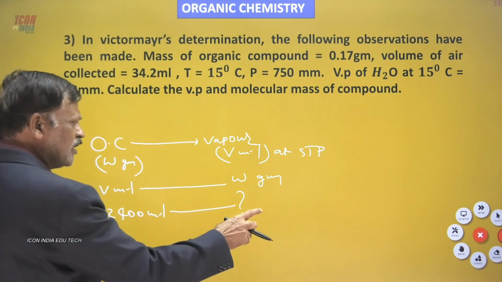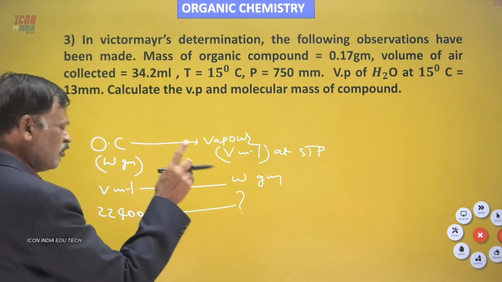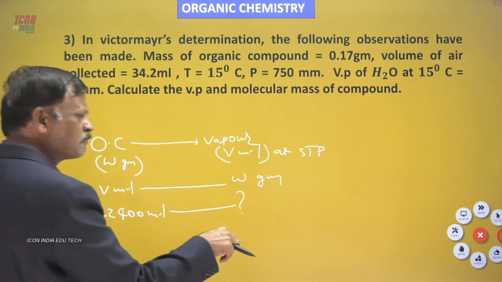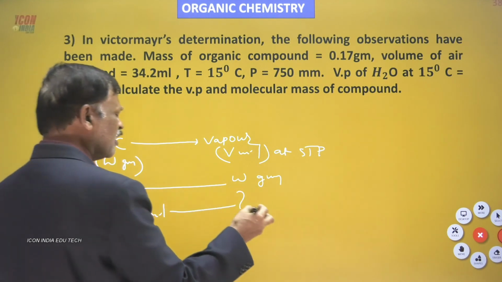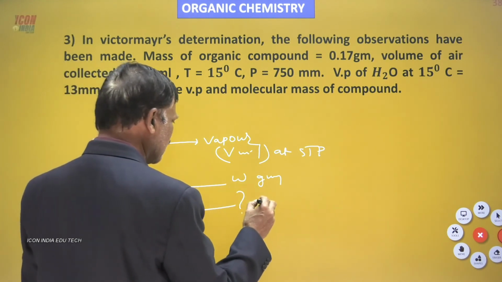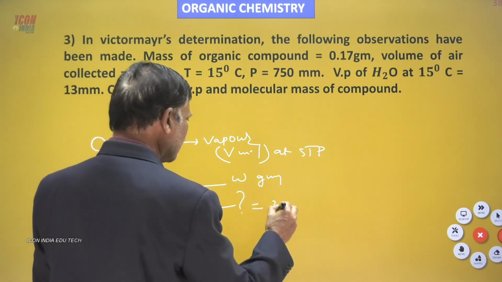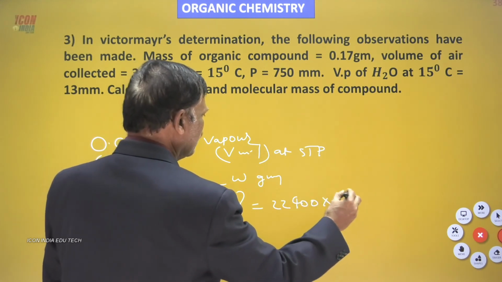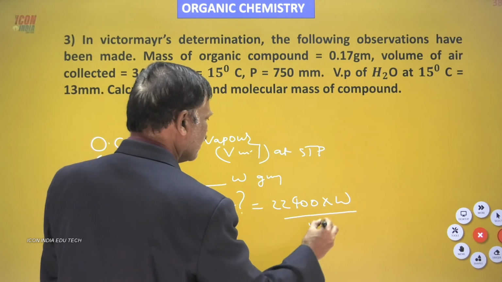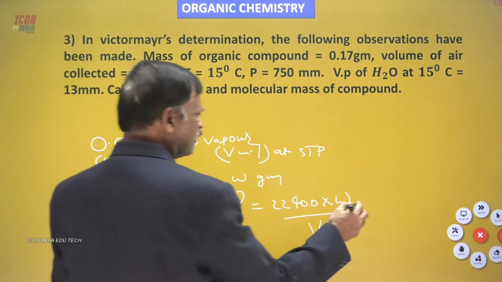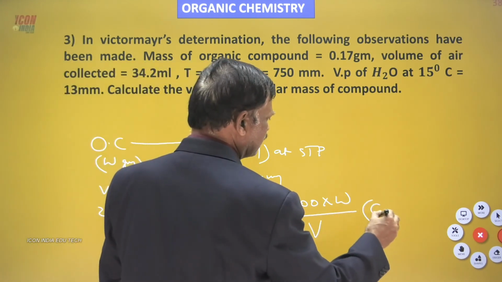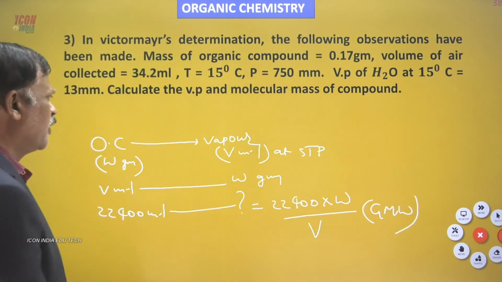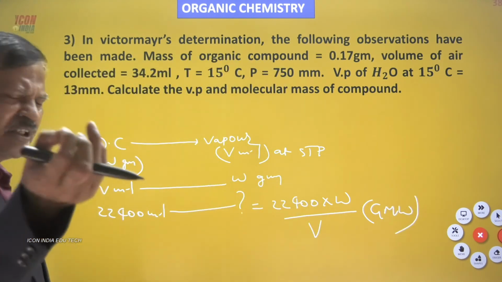So, whatever the weight of 22,400 mL, that is the molecular weight or gram molecular weight of the organic compound. So, 22,400 into W by V gives the molecular weight for the organic compound. That is Victor-Meyer's method.